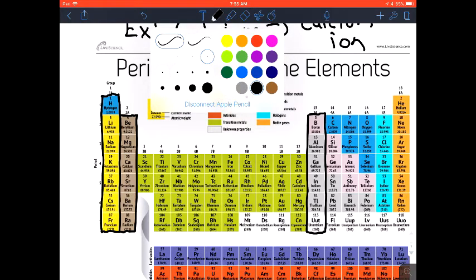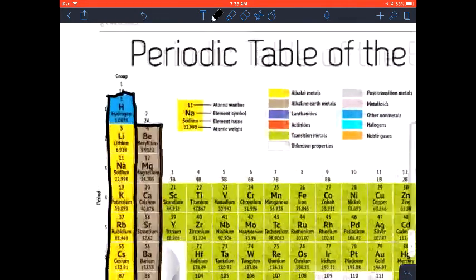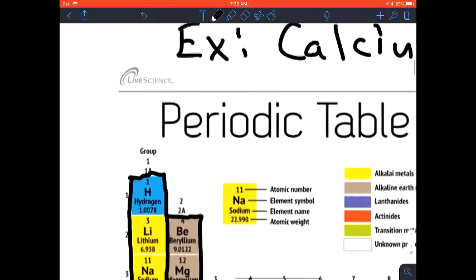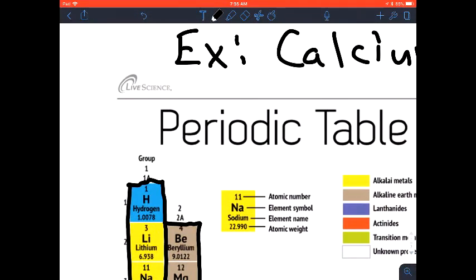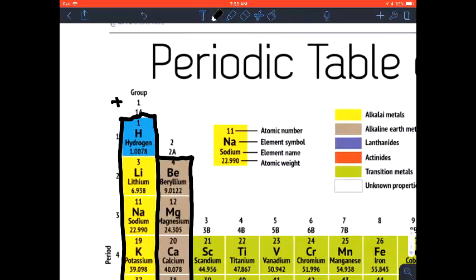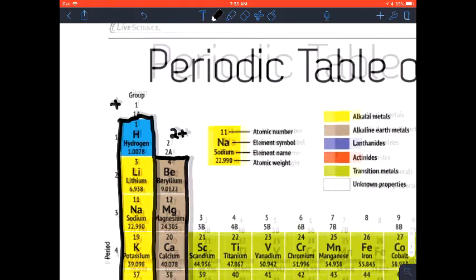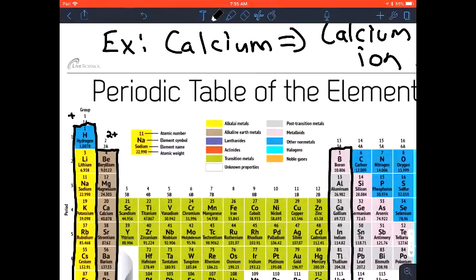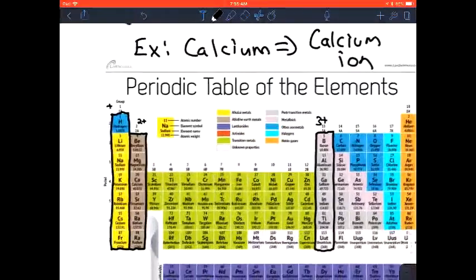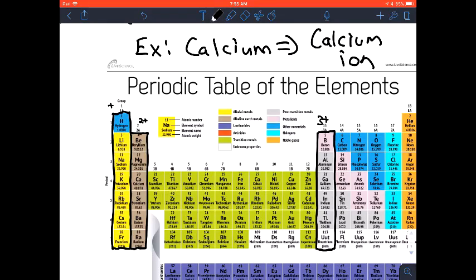Now, what you should know is that group 1 is going to form a 1+ cation. So the charge of any ion coming from group 1 will be 1+. The charge of any cation coming from group 2 is 2+. Coming from group 3 is 3+. That's because they lose 1 electron, 2 electrons, and 3 electrons respectively.